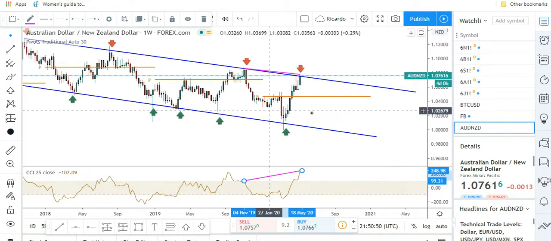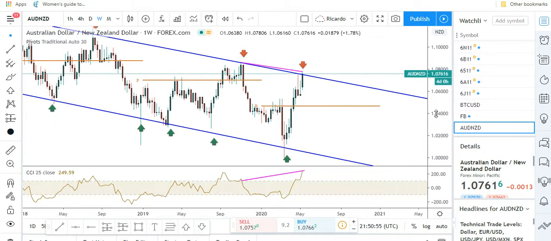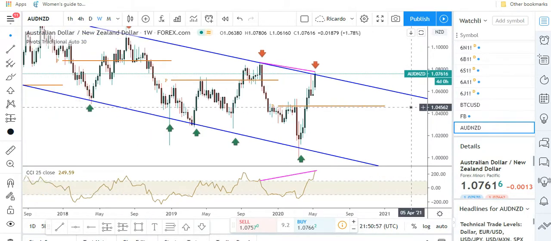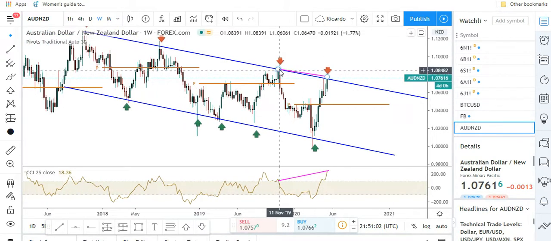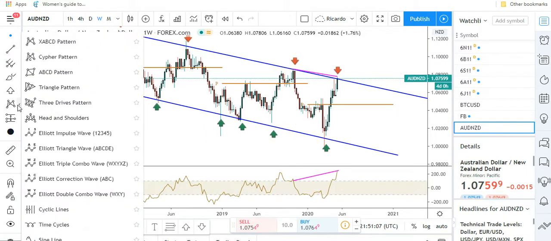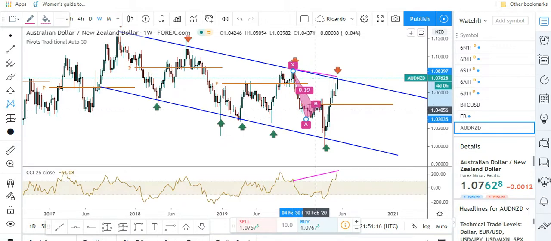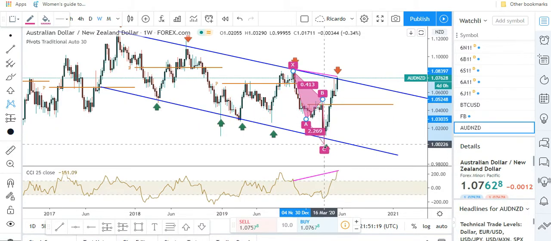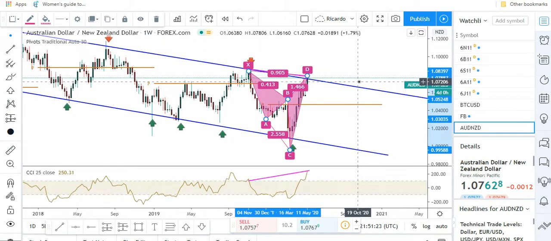Further to this, we also have a harmonic pattern. We have had two harmonic patterns form right at this resistance. I'm going to show you the one that is currently in play. So I get my harmonic tool here, and you're going to see there's a harmonic pattern right there, right at resistance.